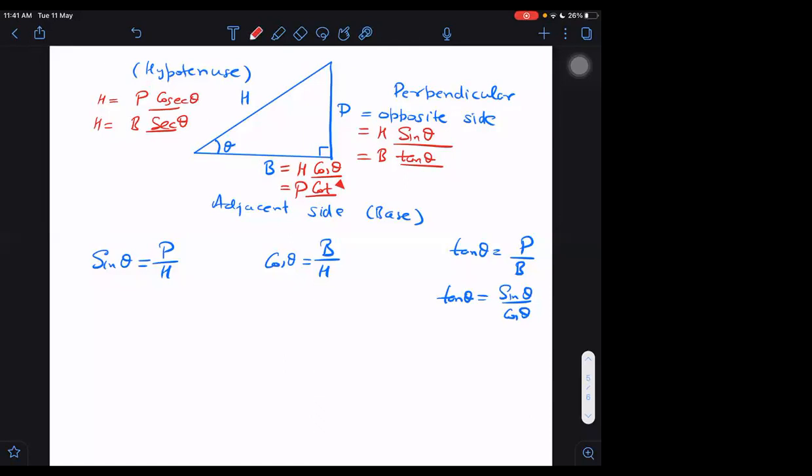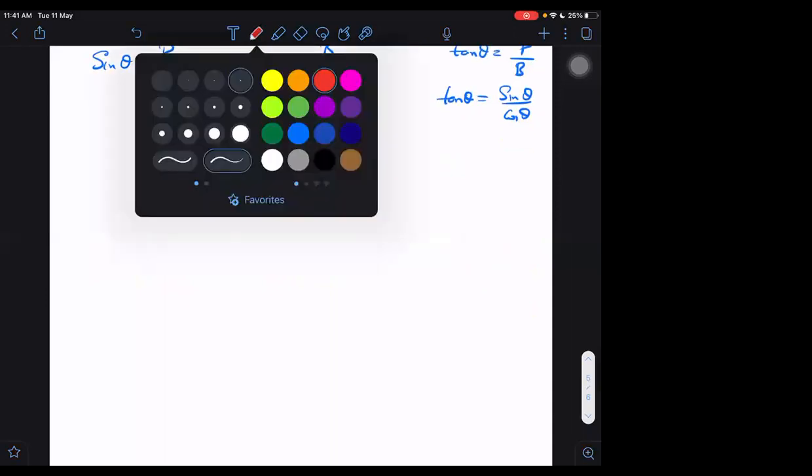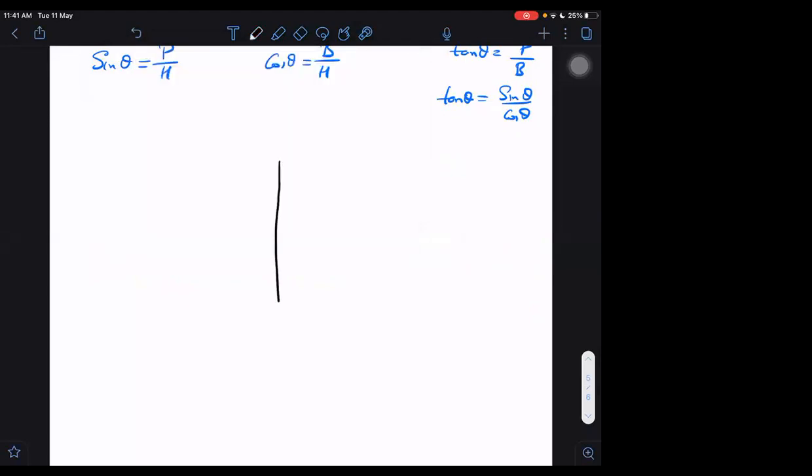Now, I will give you a new definition of sin theta and cos theta, which is applicable for coordinate geometry also.